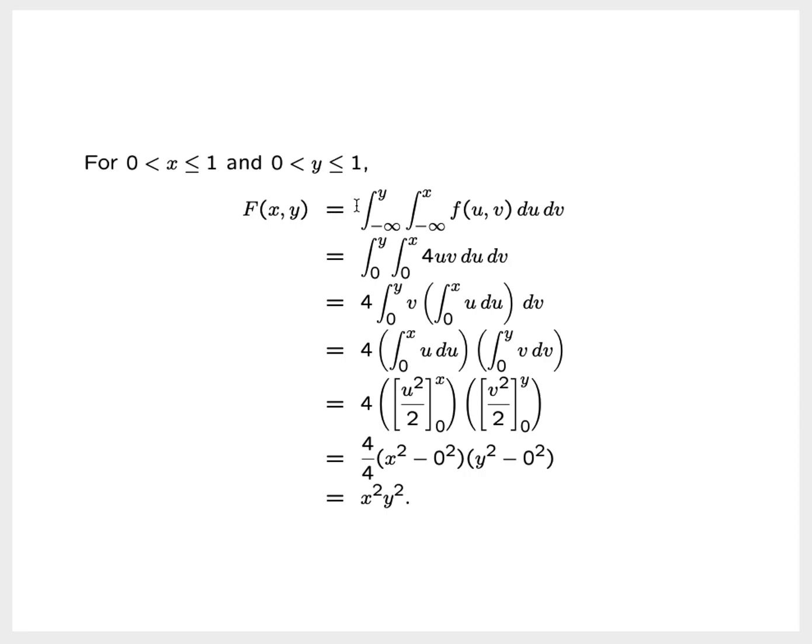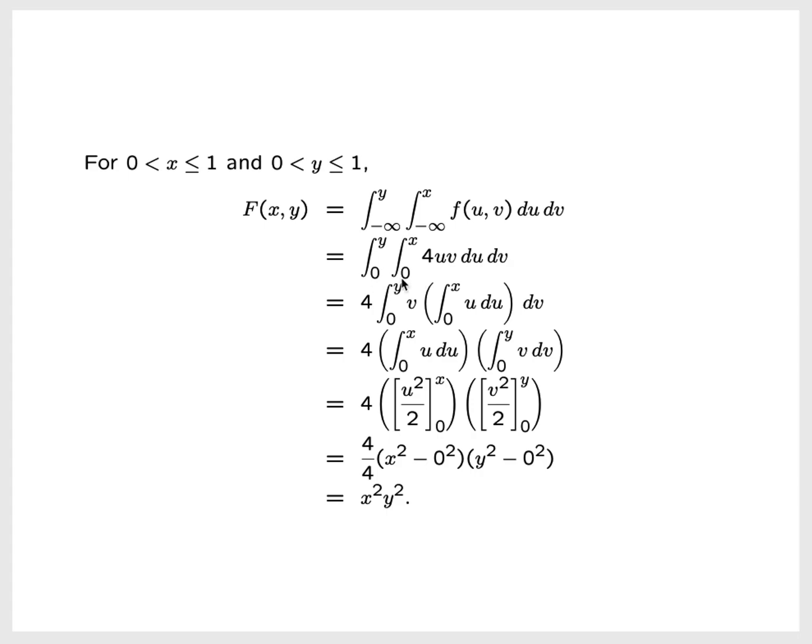And so the CDF is equal to the integral of the joint PDF, where u ranges from minus infinity to x, again the first argument, and then v ranges from minus infinity up to y. Now, this simplifies to the double integral, where u goes from 0 up to x and v ranges from 0 up to y.